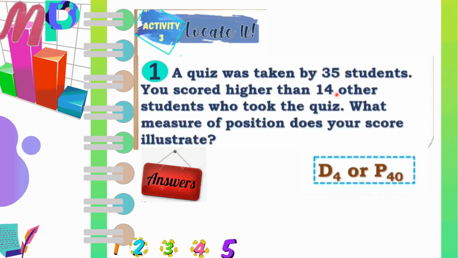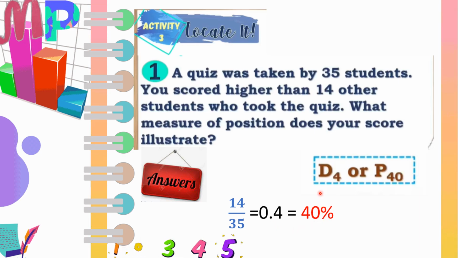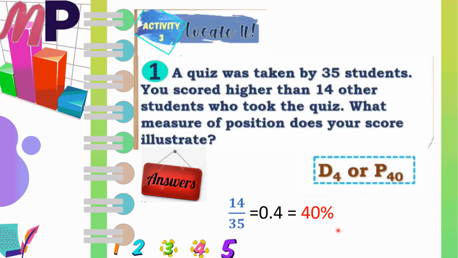If you scored higher than 14 other students, you simply divide 14 by 35. That is equivalent to 0.4. Moving the decimal point 2 places to the right, that is equivalent to 40%. So 40% of the scores fall below D sub 4 or P sub 40.